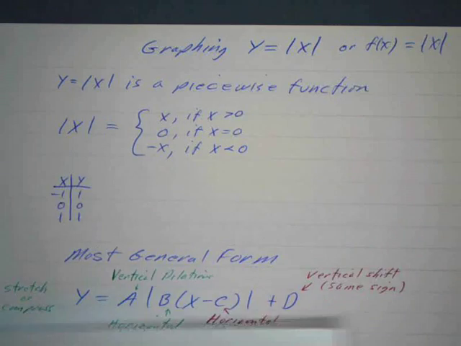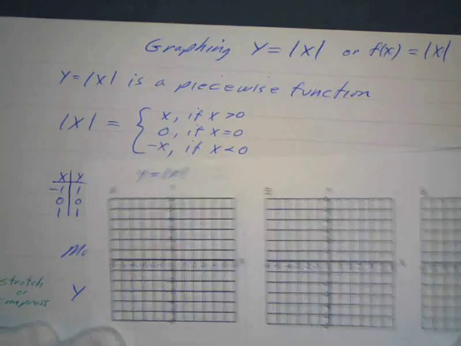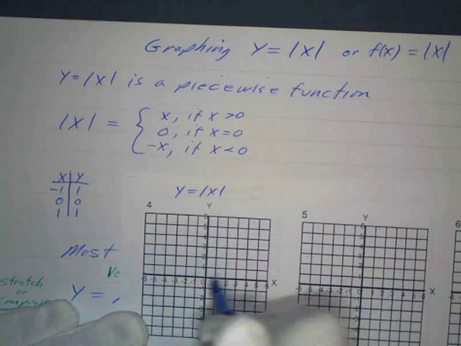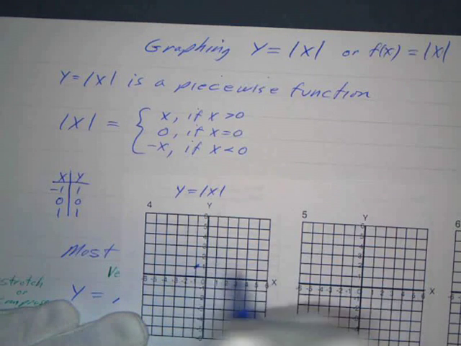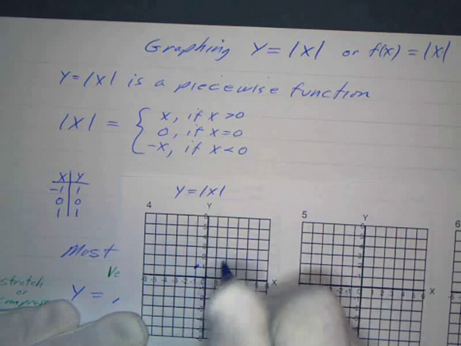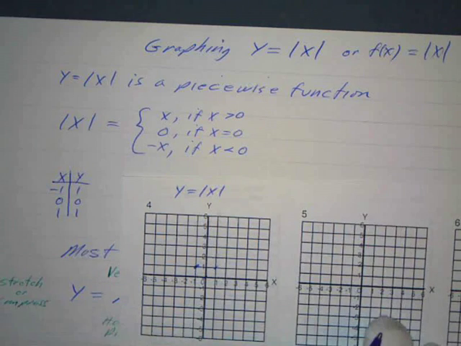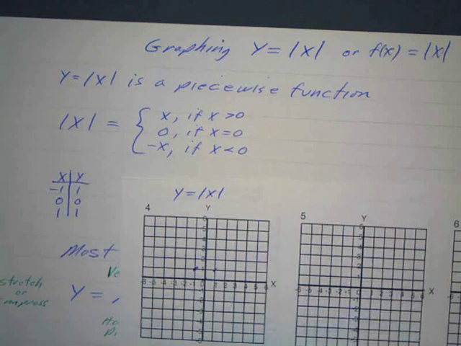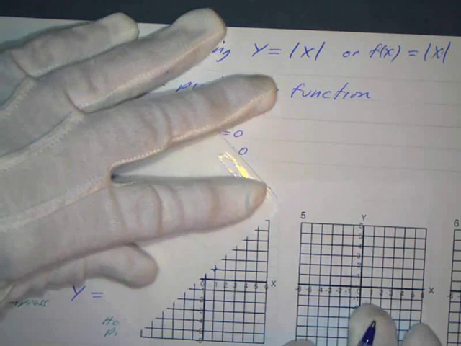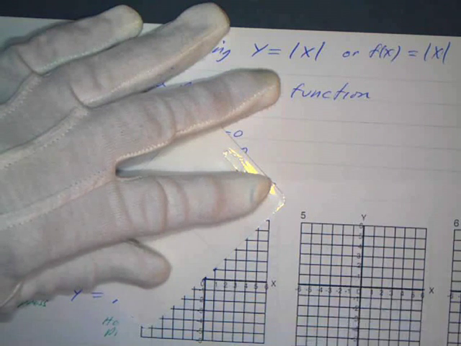So these would be my 3 points. I could get out some graph paper, something like this, and just plot these 3 points: (-1, 1), (0, 0), and (1, 1). Since it consists of two lines, one slope is positive, one slope is -1, it's real easy to graph it. So you only really need 3 points to graph it.